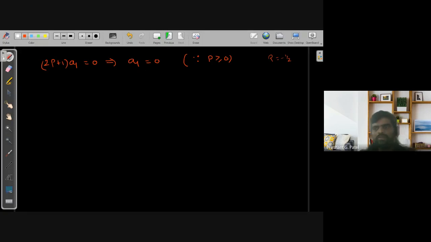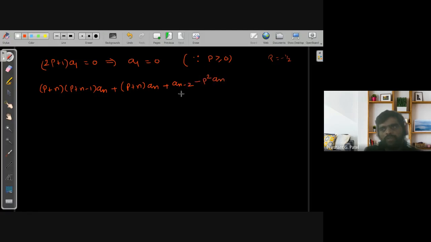And the last term we got, let us write it down: (p plus n)(p plus n minus 1) into an plus (p plus n) an plus a(n minus 2) minus p square an. If I simplify this quantity, this is equal to 0.